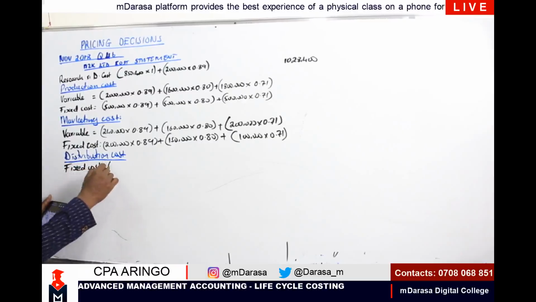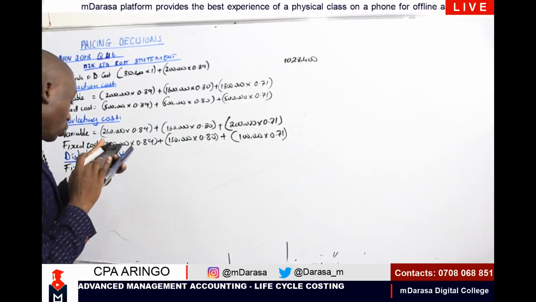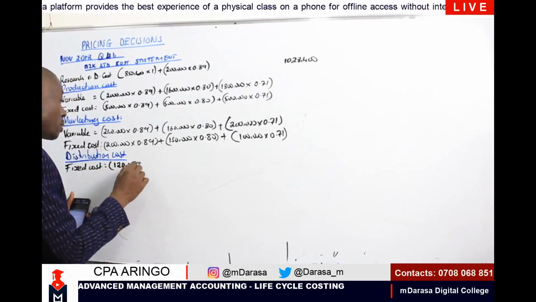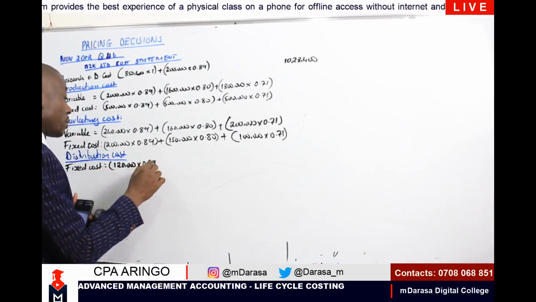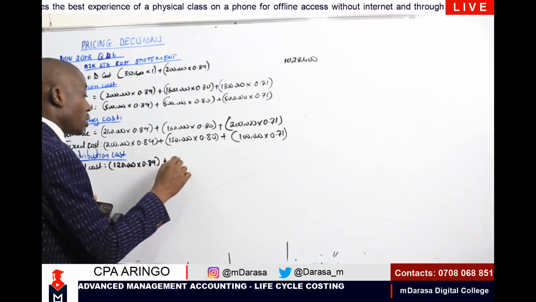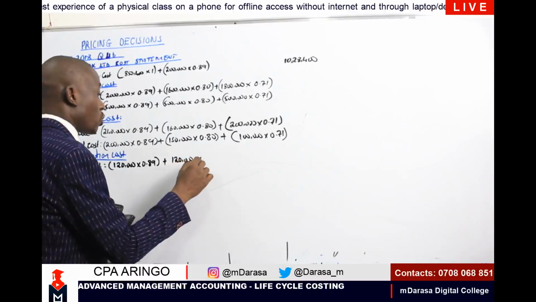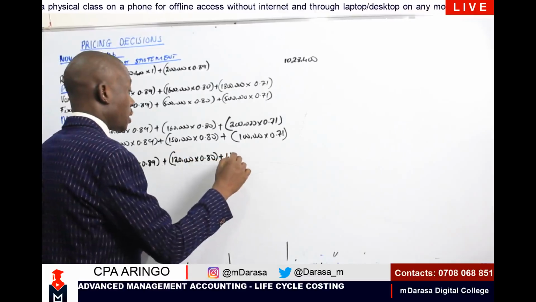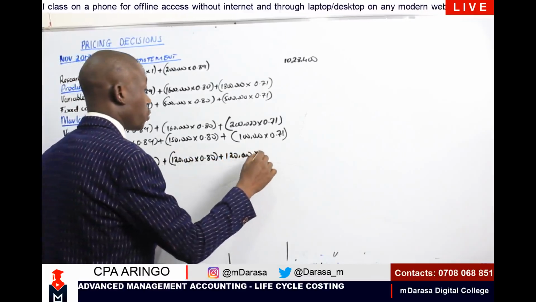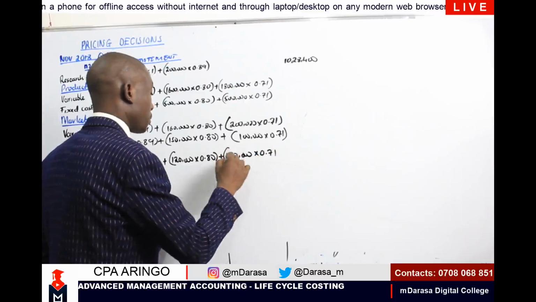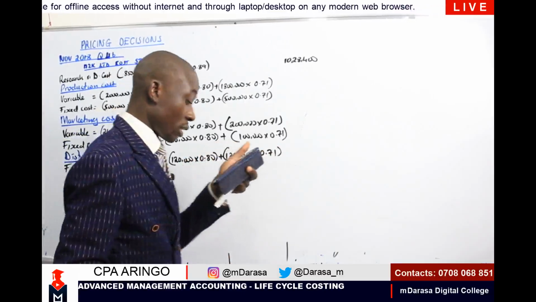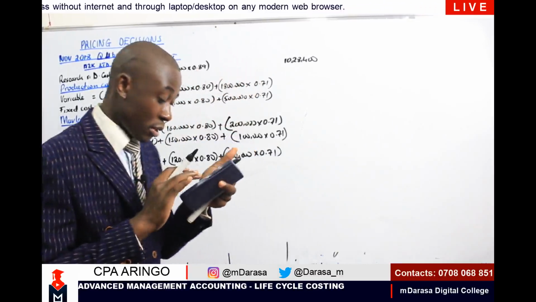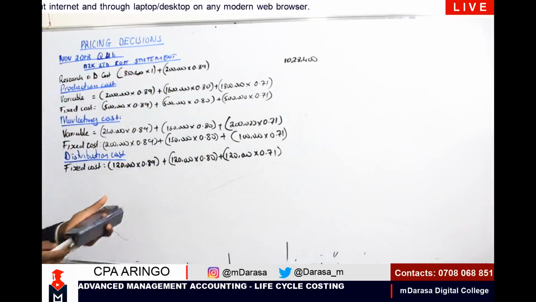So I'm having 120,000 by 0.89, we add 120,000 by 0.80, we add 120,000 by 0.71. So that is what I'm given in regard to the aspect of distribution cost.